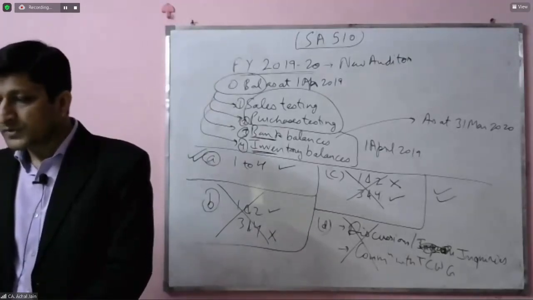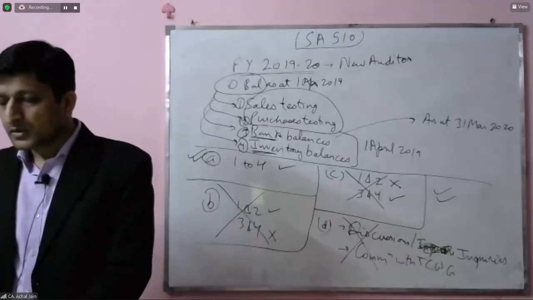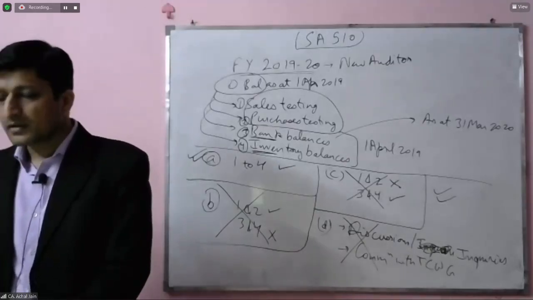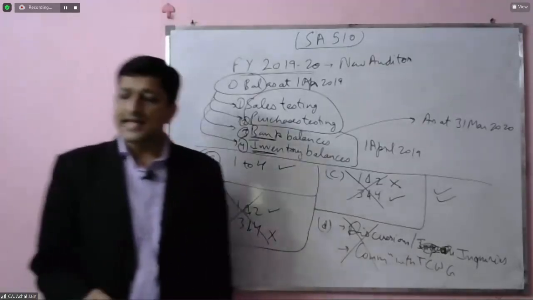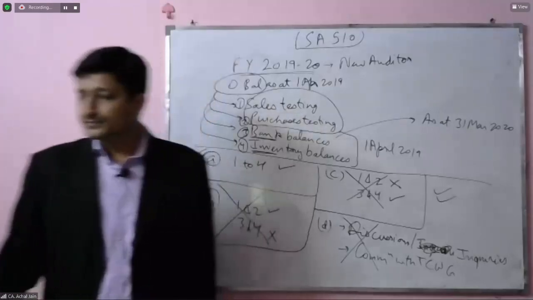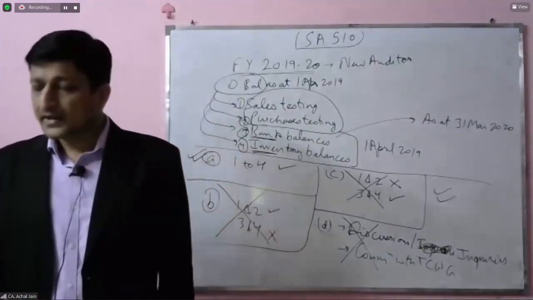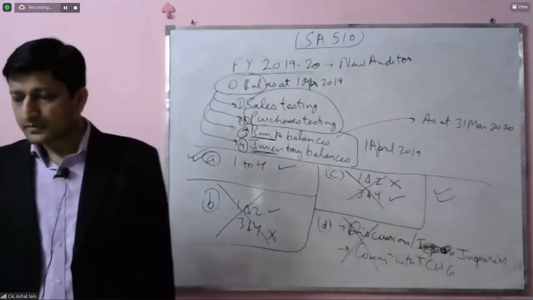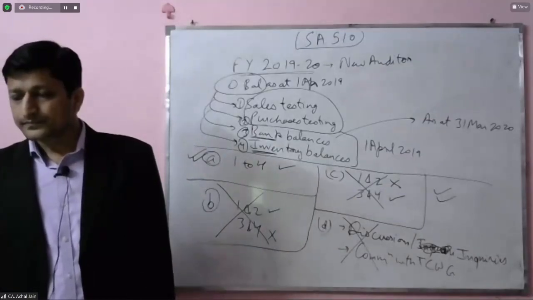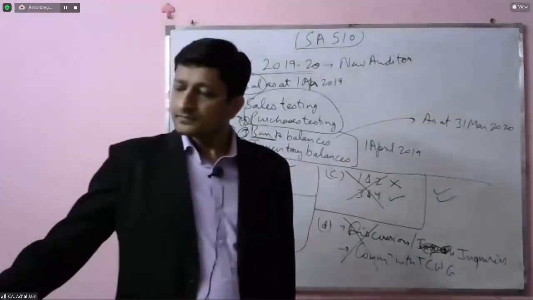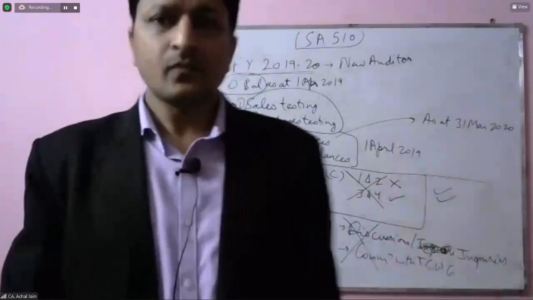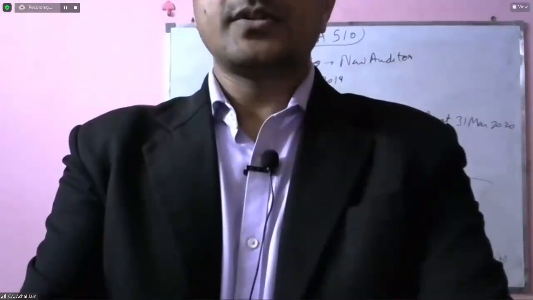Now what we can do is we can now move on to next SA, a very interesting one, SA 520, which is about analytical procedures. I'll just change the presentation now.